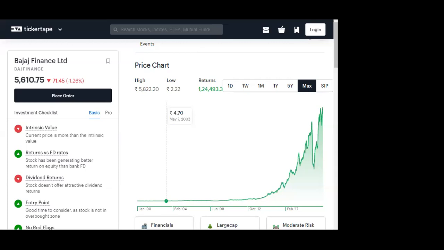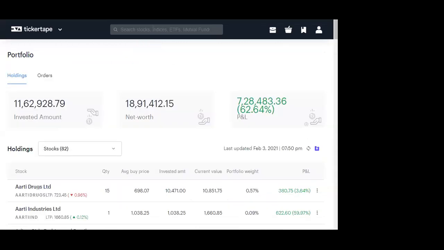I will just show you the profit. Yeah, the screen is stuck. Okay, so see, this is the profit. Obviously this is not mine, this is a dummy one. Can you see the profit?